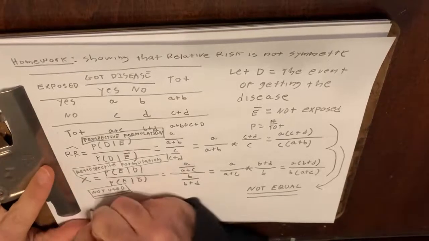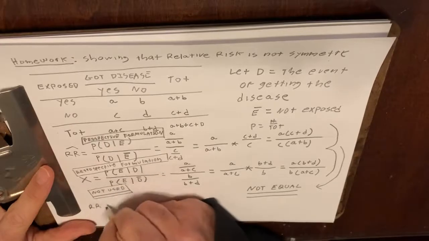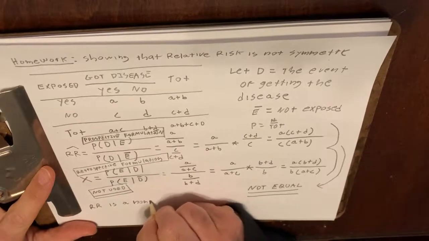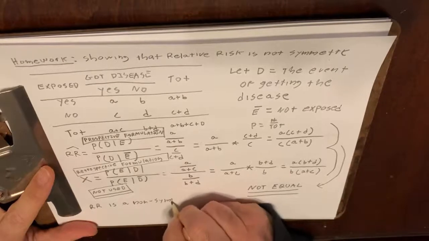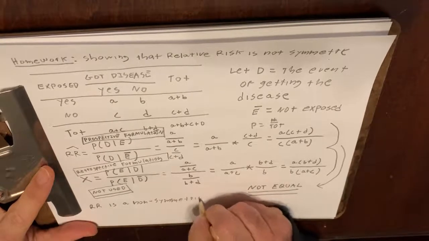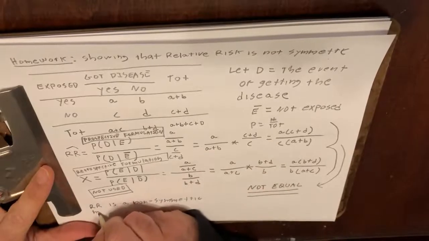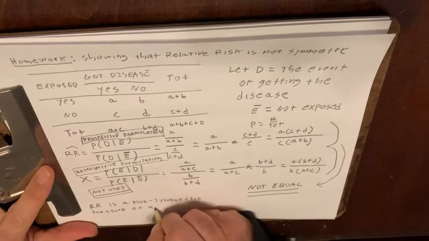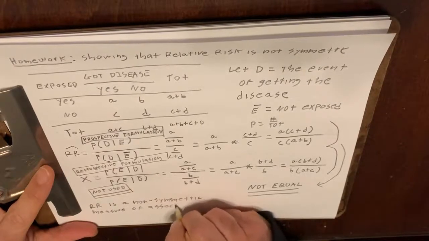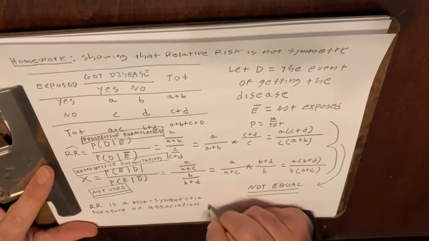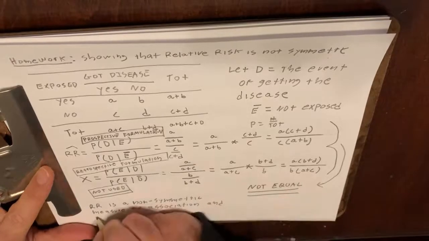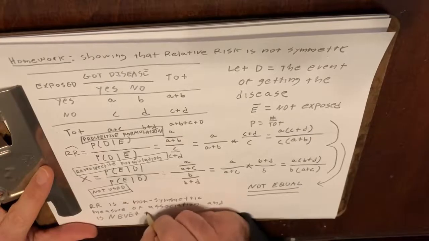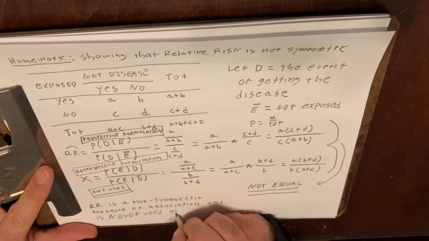So I'm going to write this. Relative risk is a non-symmetric measure of association and is never used in retrospective studies.